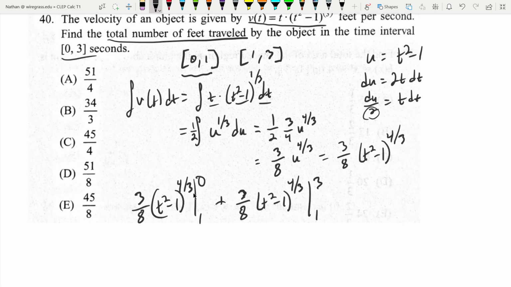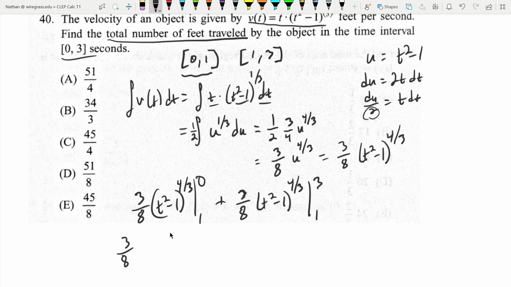So plugging in 0 into here, right? 0 squared is 0, minus 1 is -1. To the power of 4/3, well, the power of 4 is just 1, and the cube root of positive 1 is just 1. So it's just going to be 3/8. If you plug 1 into there, 1 squared minus 1 is 0, so this whole thing becomes 0.